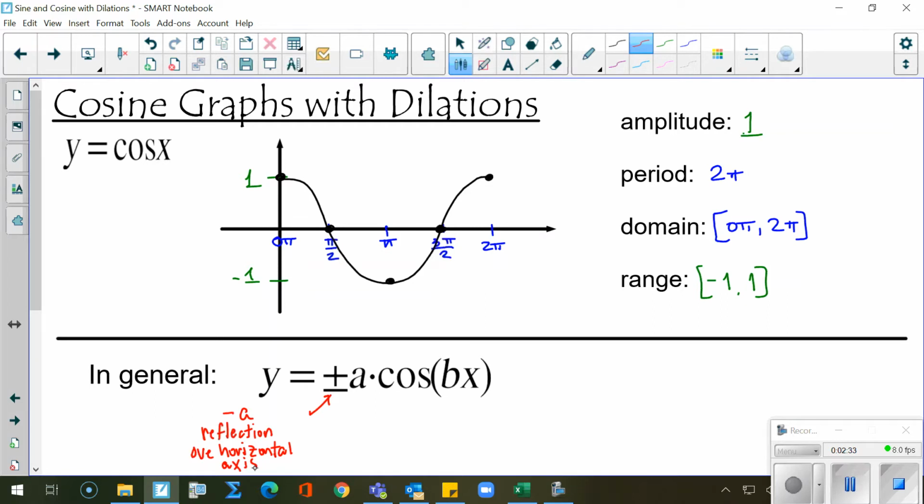If I take the absolute value of the coefficient, whether it's positive or negative, that's our amplitude. And it indicates a vertical dilation.